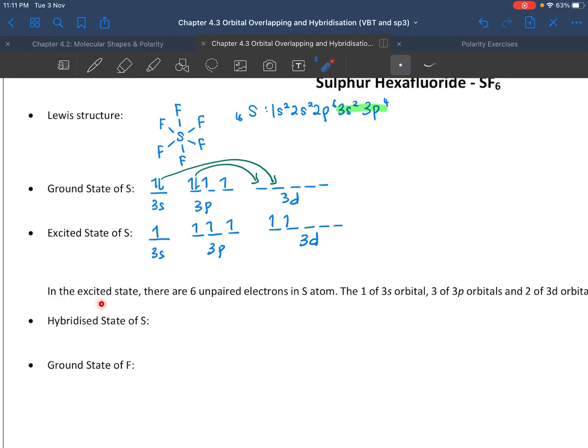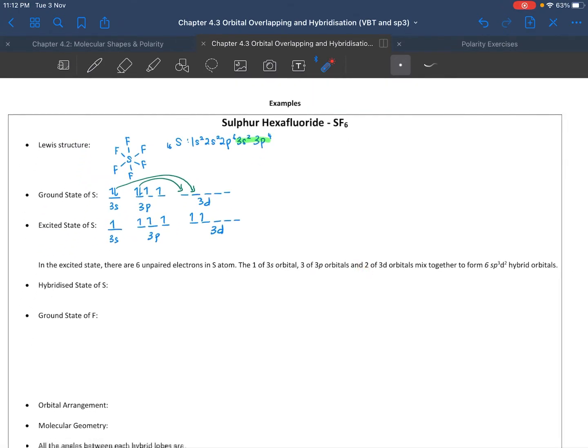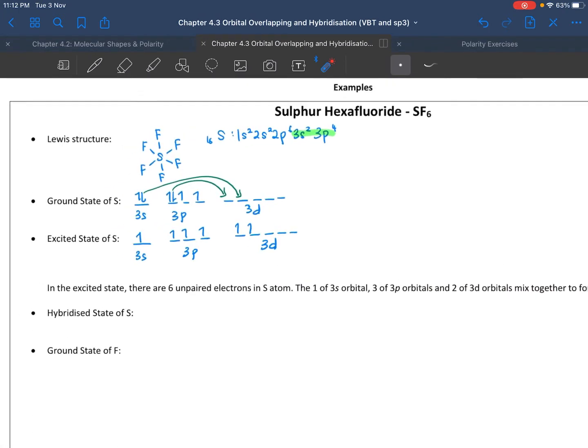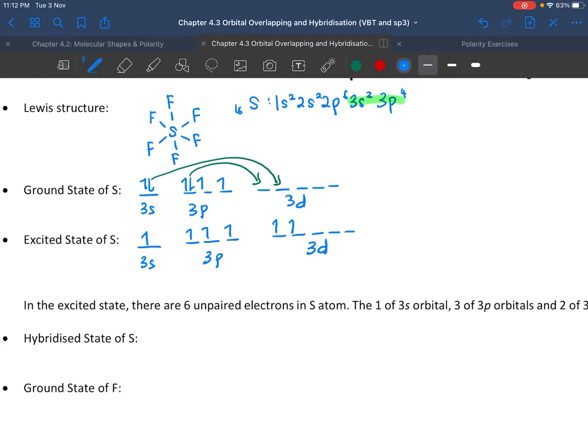Okay, so in the excited state, there are 6 unpaired electrons in sulfur atom. Okay, betul. And then the 1 of 3s orbital, 3 of 3p orbital, and 2 of 3d orbital mixed together to form 6 sp3d2 hybrid orbitals. Okay, but to determine hybrid orbital, saya bagi tips, always refer to Lewis structure.